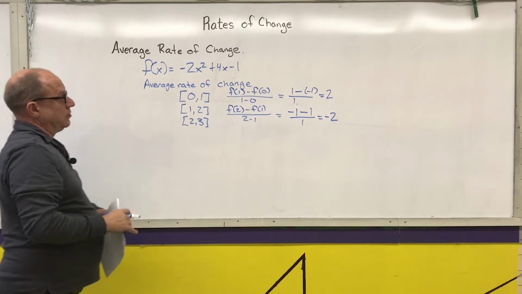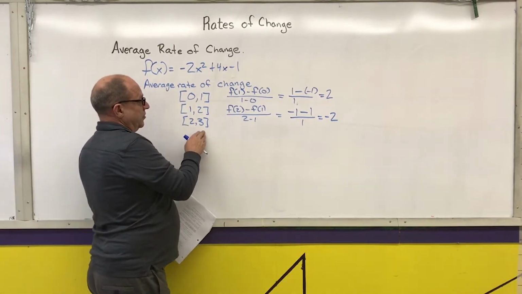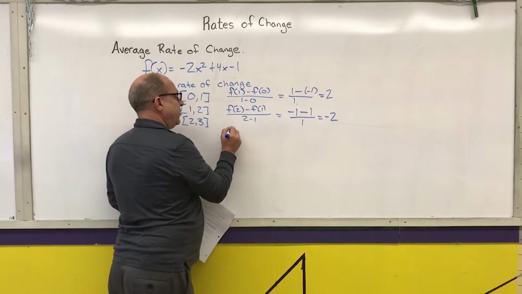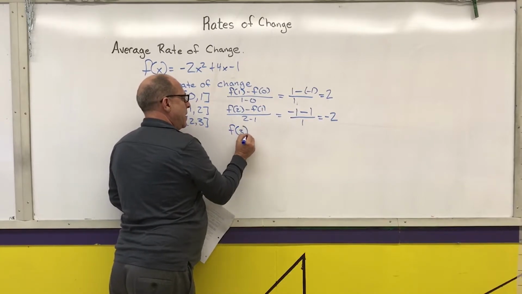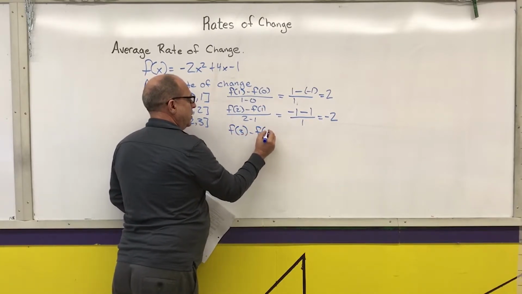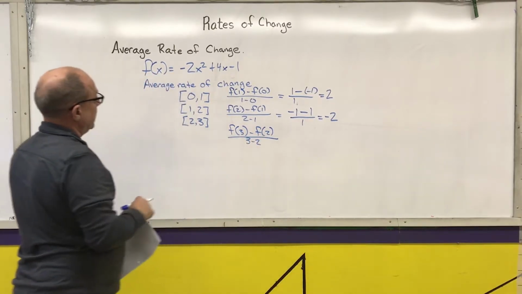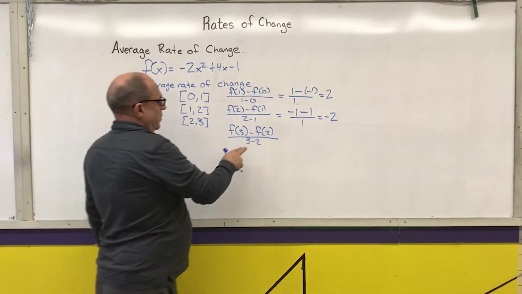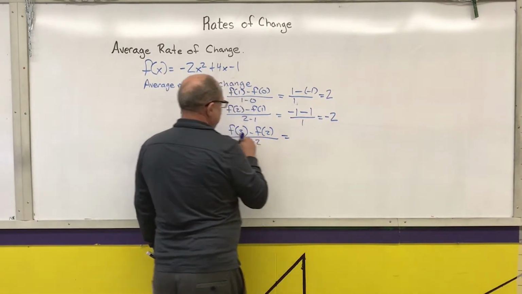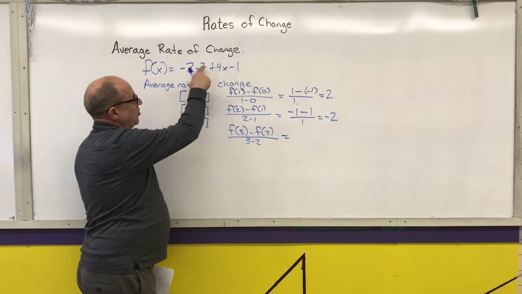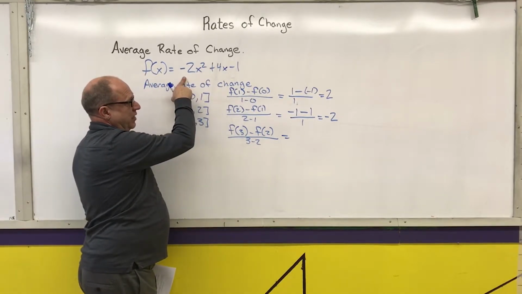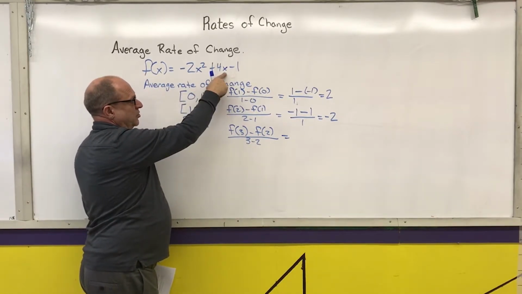The next average rate of change is between 2 and 3. So I'm going to do f of 3 minus f of 2 all over 3 minus 2. So that gives me f of 3, put a 3 in here. 3 squared is 9 times negative 2 is negative 18. 4 times 3 is 12.